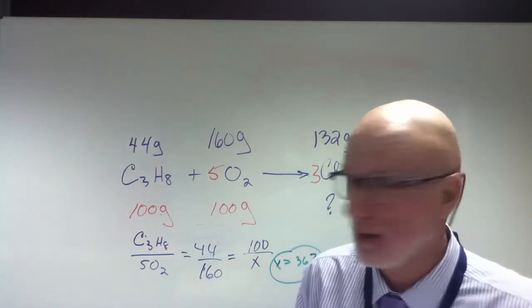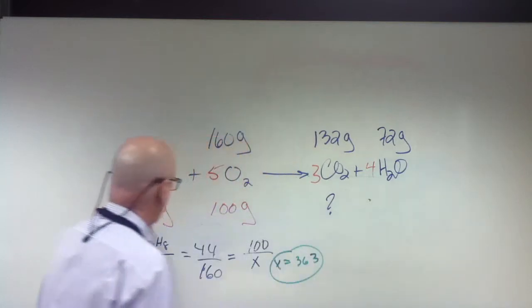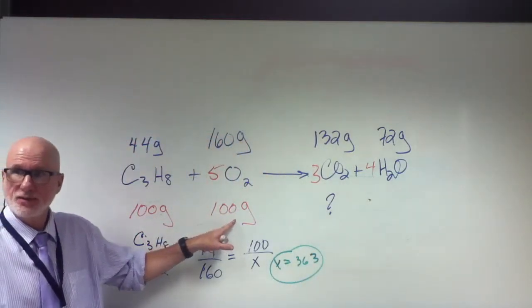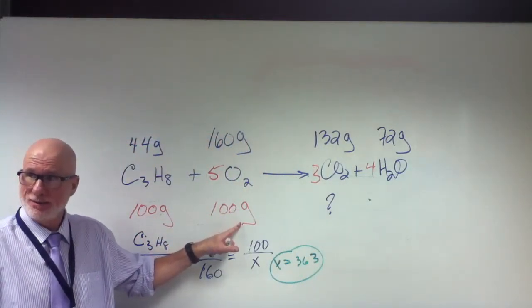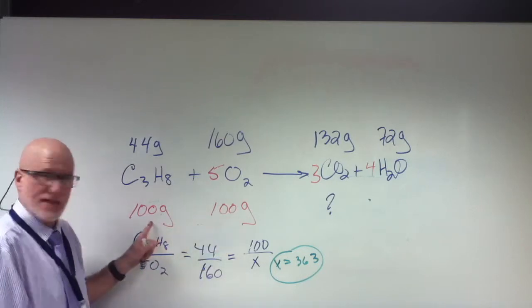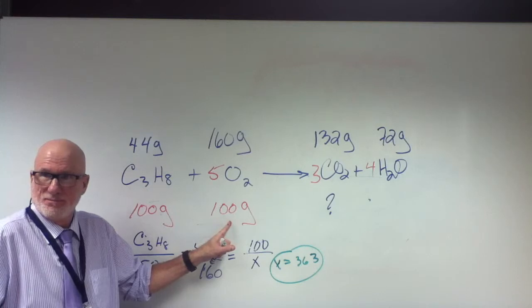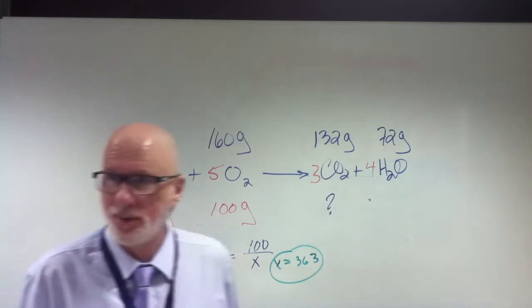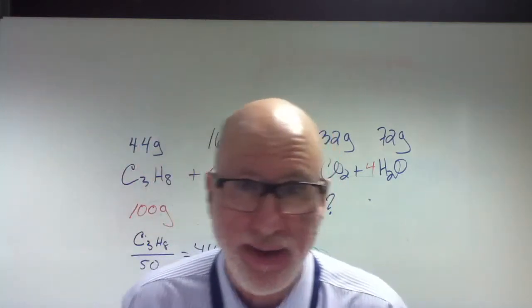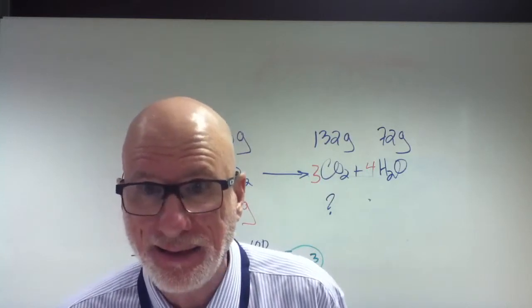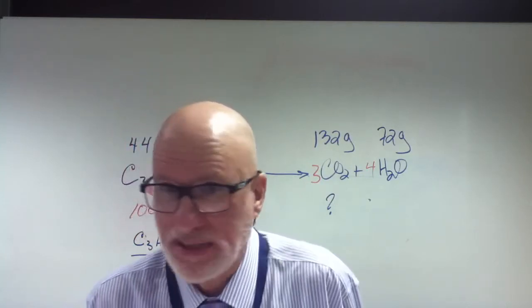What don't I have? Yeah, this is going to limit, right? I can't use that, because if I use all this, I don't have enough of this. So do you understand when I say limiting reagent? What's limiting?